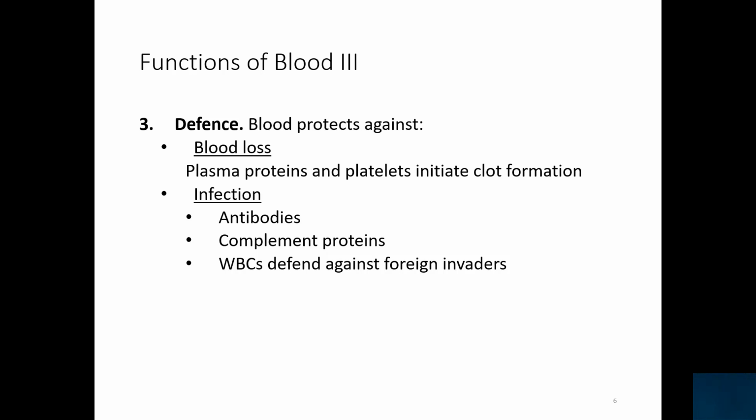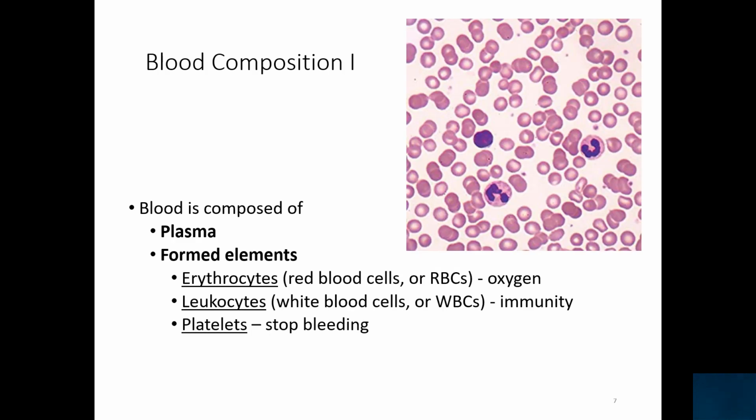Also, our blood protects us against infection. And those would be substances and chemicals we have in blood, antibodies, complement proteins, white blood cells that can defend us against bacteria and viruses. We will be talking a lot about it when we do our immune system.